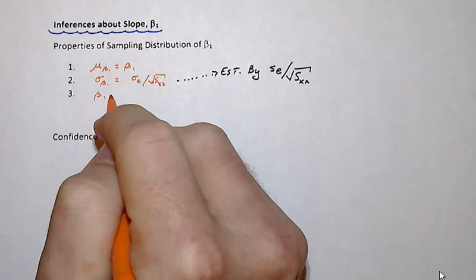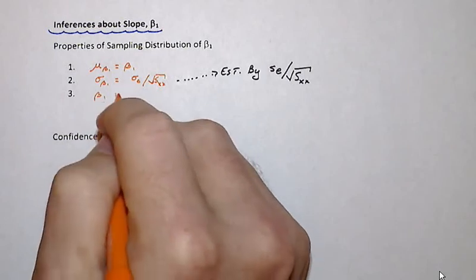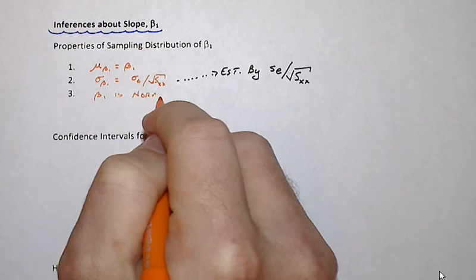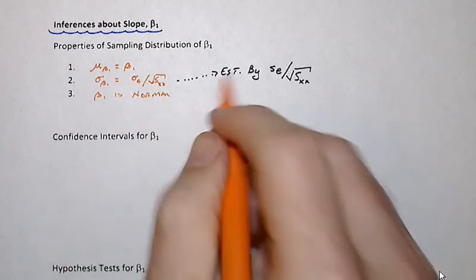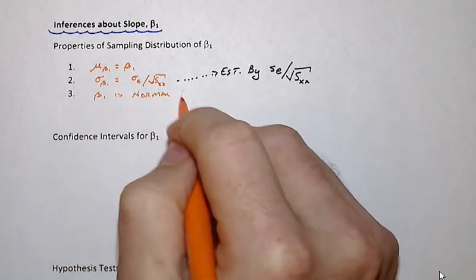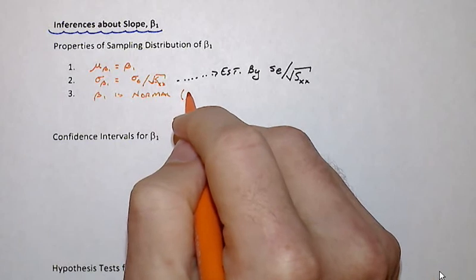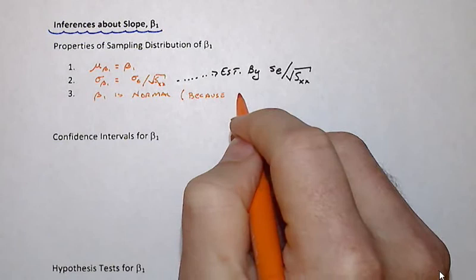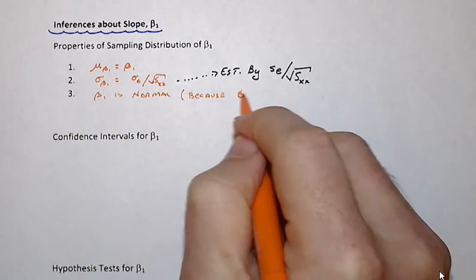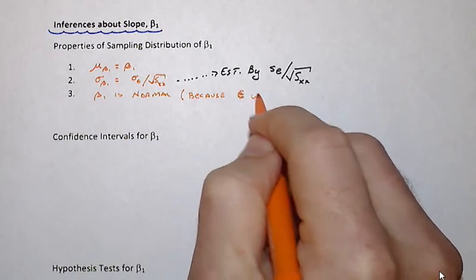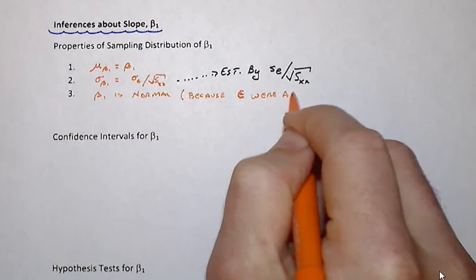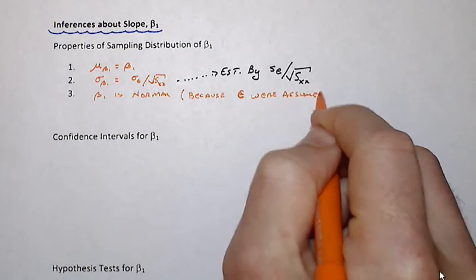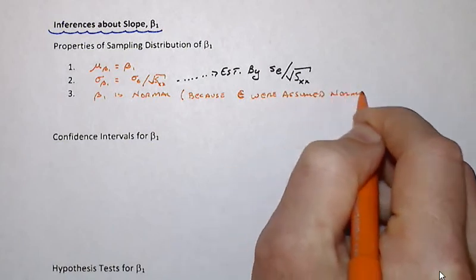And then beta 1 hat is going to be normally distributed, and of course that's because we assumed that our error terms were normal way back at the very beginning.